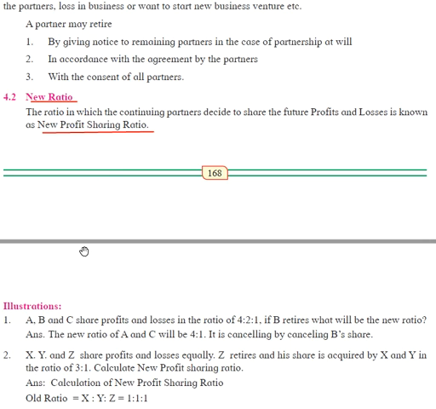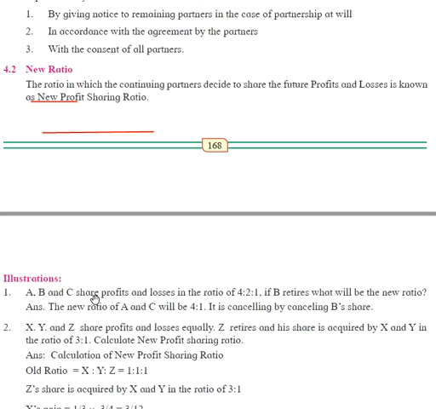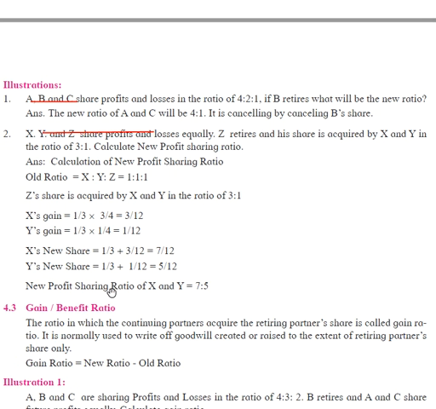So first we'll see some problems on the new ratio. First one: A, B and C share profits and losses in the ratio of 4 is to 2 is to 1. If B retires, what will be the new ratio?